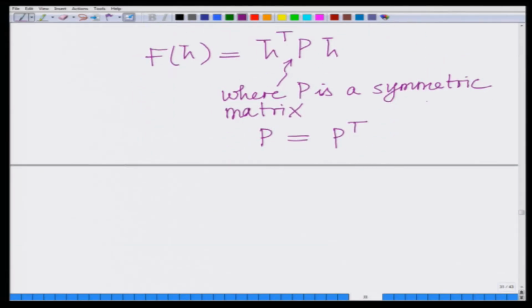Now, consider the derivative of this function h bar transpose P h bar with respect to h bar.